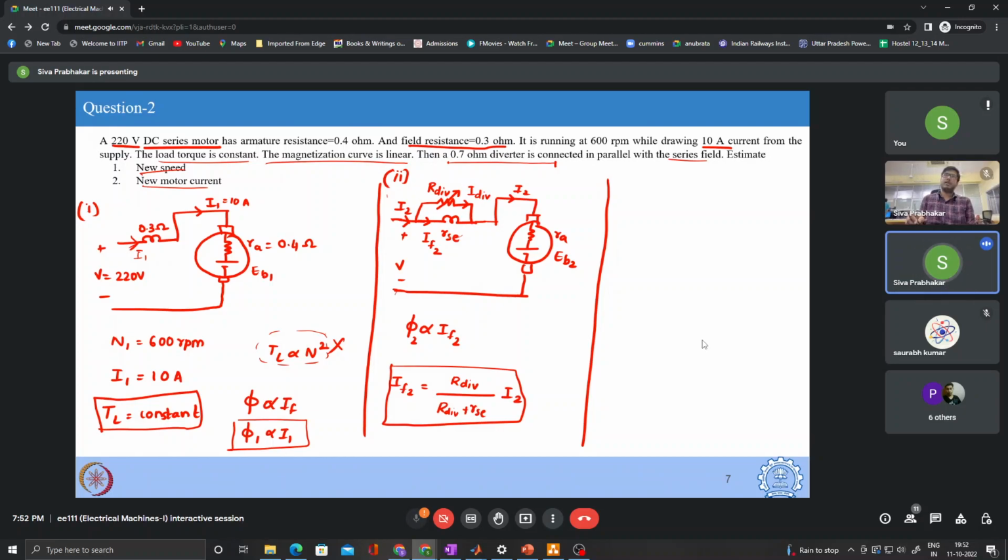RSC will remain the same as in the previous case, RA will be the same, and EB2 will change because the current I2 can change. V will also remain the same, that is 220 volt. Now we need to find the new speed N2 and the new motor current I2. So these are the things we need to find.